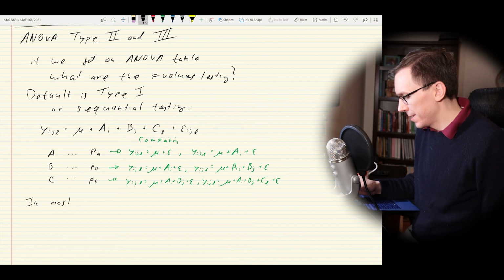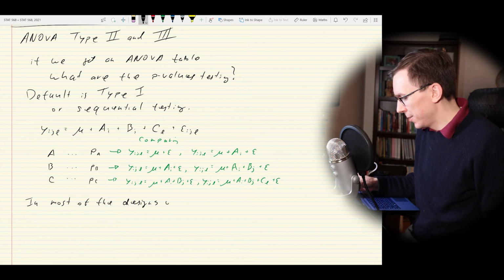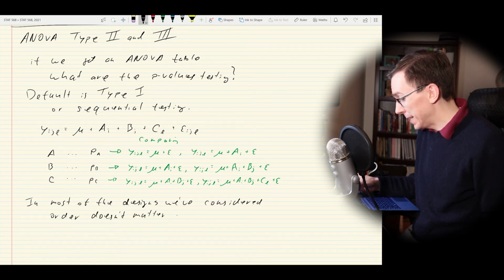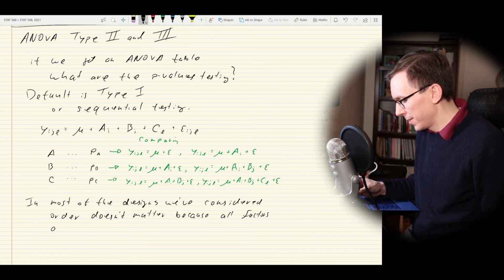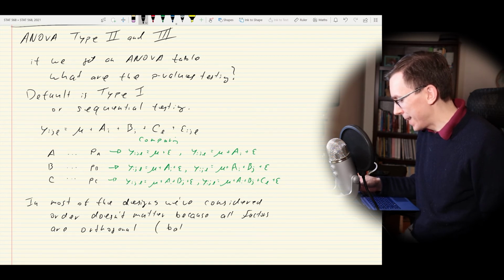In most of the designs we've considered, order doesn't matter, because all factors are orthogonal. This is coming from the fact that we have balanced designs.